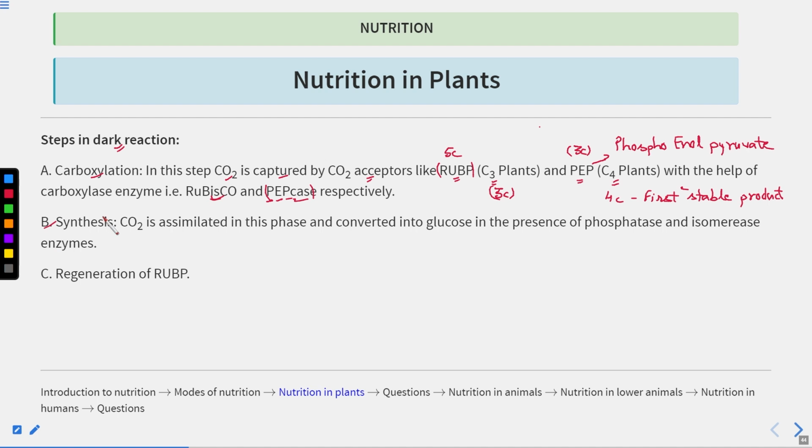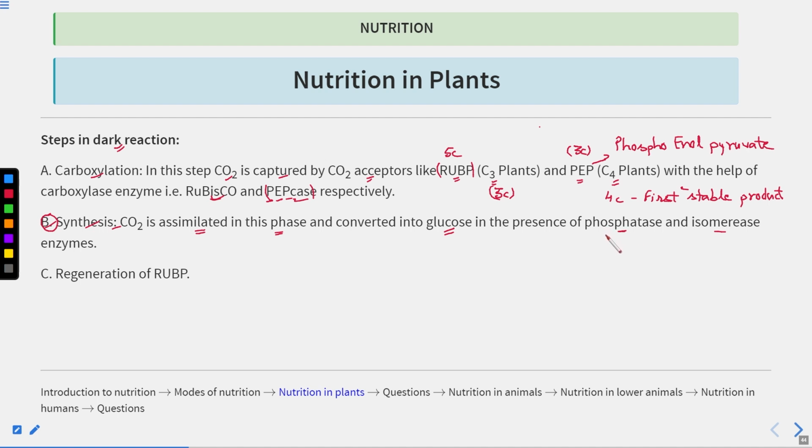Now, the second step is known as synthesis. In this step, reduction takes place and there is formation of glucose. Glucose, which is a type of carbohydrate, is synthesized during the second step. Carbon dioxide is assimilated in this phase and is converted to glucose. There are a lot of enzymes present such as phosphatases and isomerases. What is the function of phosphatases?